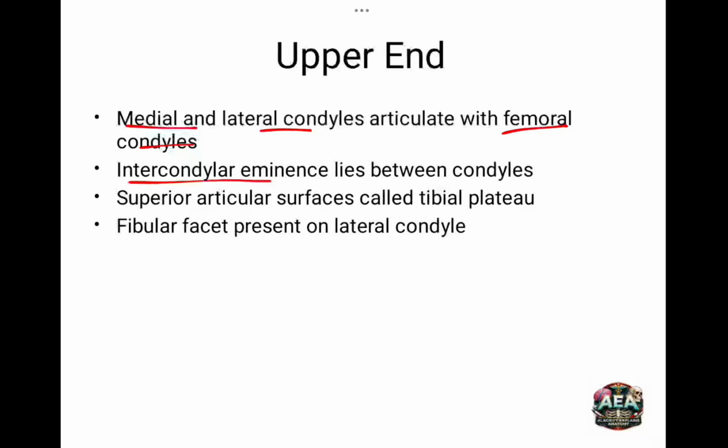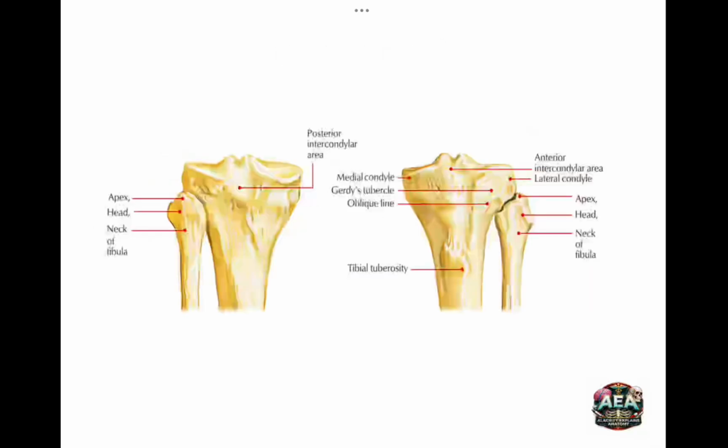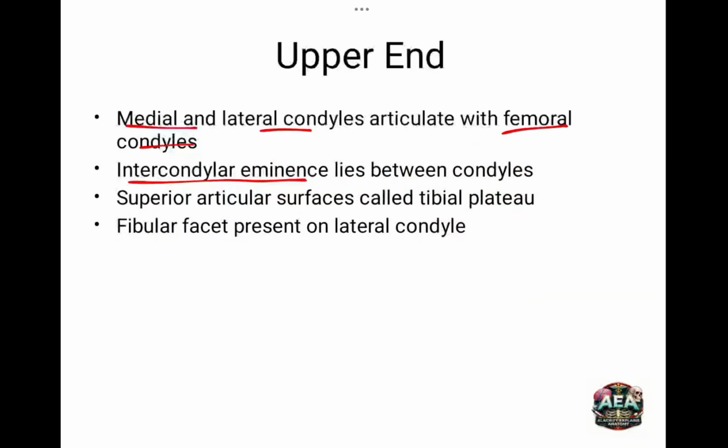We have the intercondylar eminence, which if you look at this, you see the medial condyle, you see the lateral condyle, and between them is the intercondylar eminence. Look at that space there. It's called the intercondylar eminence.